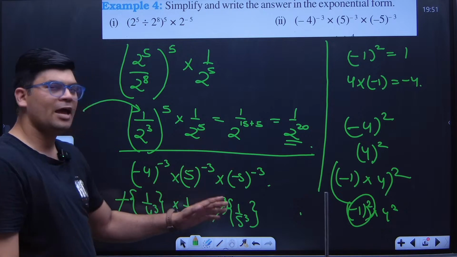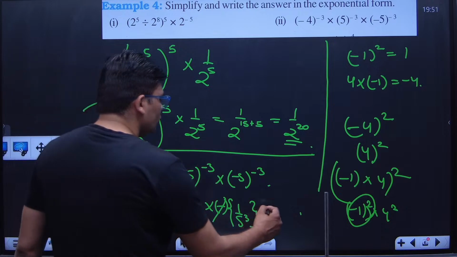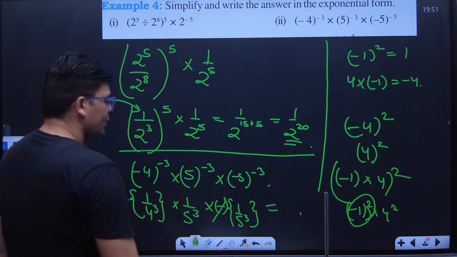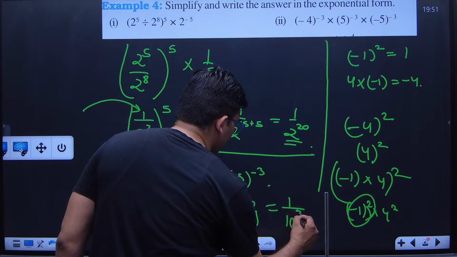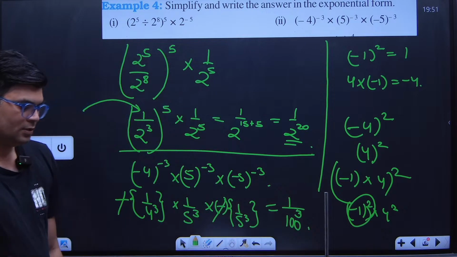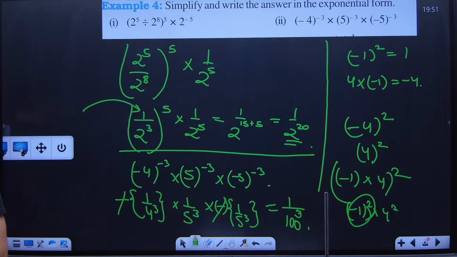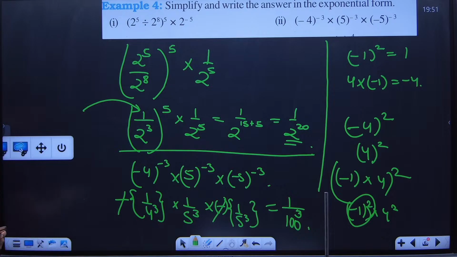All the three numbers have the same power, so the numbers will be multiplied first. 4 into 5 is 20, 20 into 5 is 100. So the answer is going to be 1 by 100 raised to the power 3. Understood? Yes, sir.